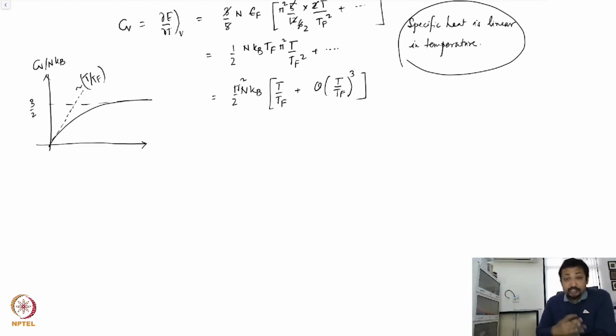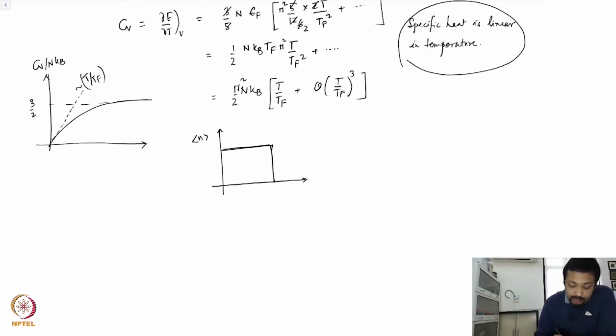But the reasoning is very, very simple. Recall that at t equal to 0, the Fermi-Dirac occupation number looks like a step function. So when you increase the temperature, what you at most do is you basically have something which is like this. You are exciting these many particles and taking them to higher excited states over here.